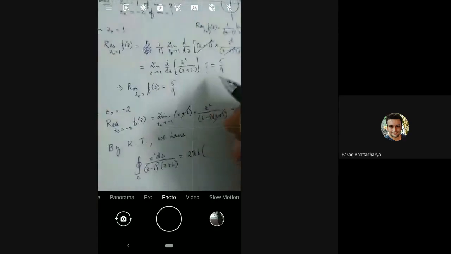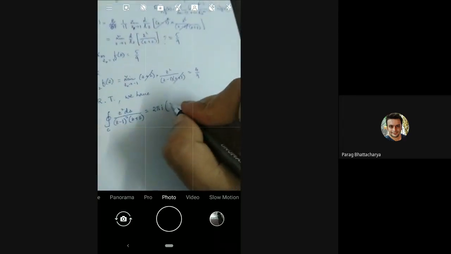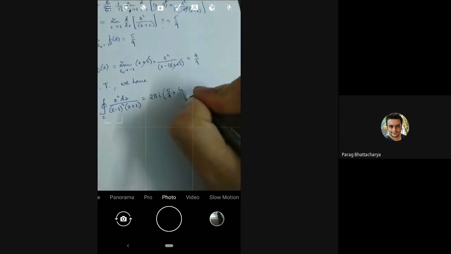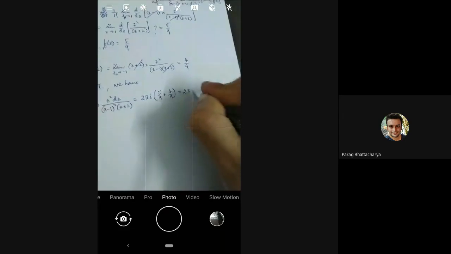What are the residues? One is 5/9, another one is 4/9. So 5/9 plus 4/9 will give us 9/9, which is equal to 1. And this answer is going to be equal to twice pi I. So that's your residue theorem. Is this clear?